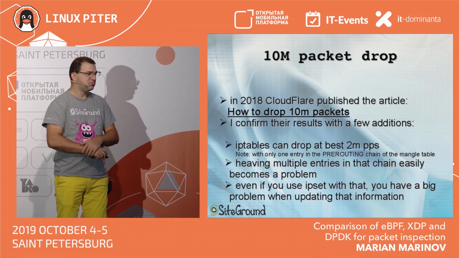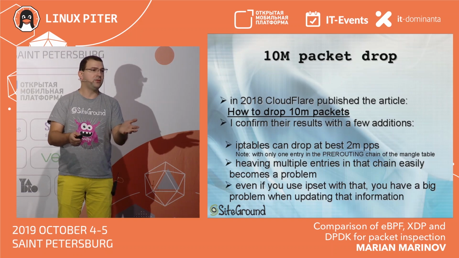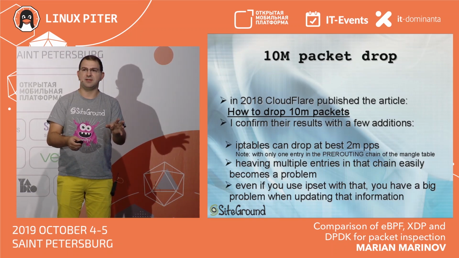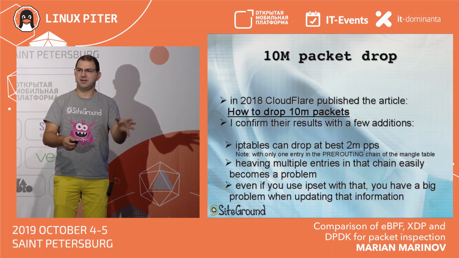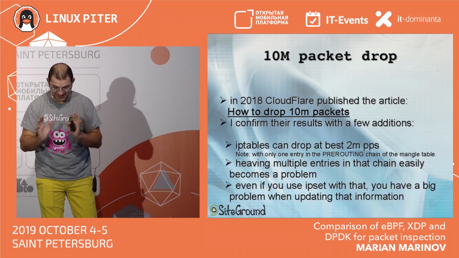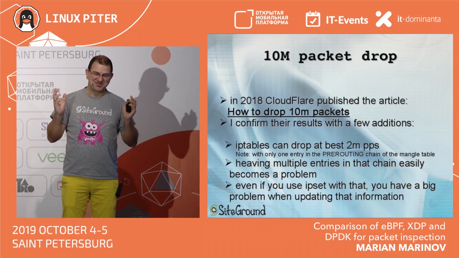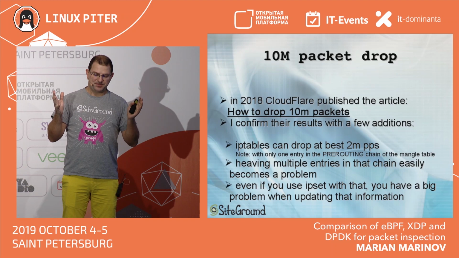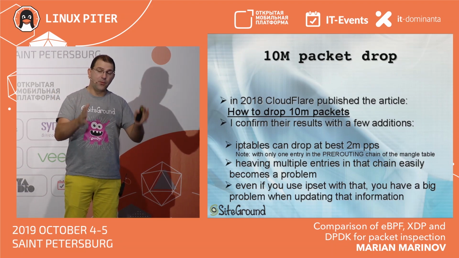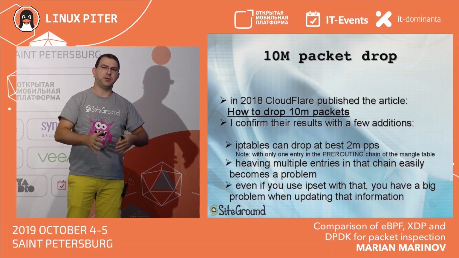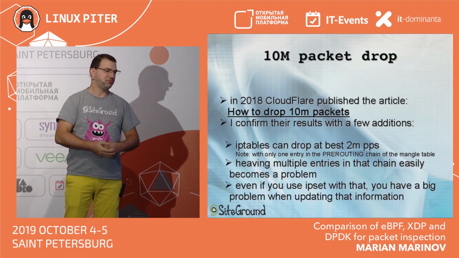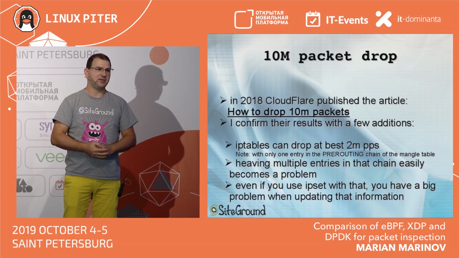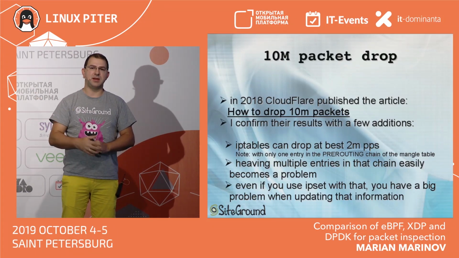Even if you decide to use ipset, who here knows ipset? For the rest of you, sorry, it is a way to put hashes or arrays of IPs or prefixes directly into a single rule in iptables.